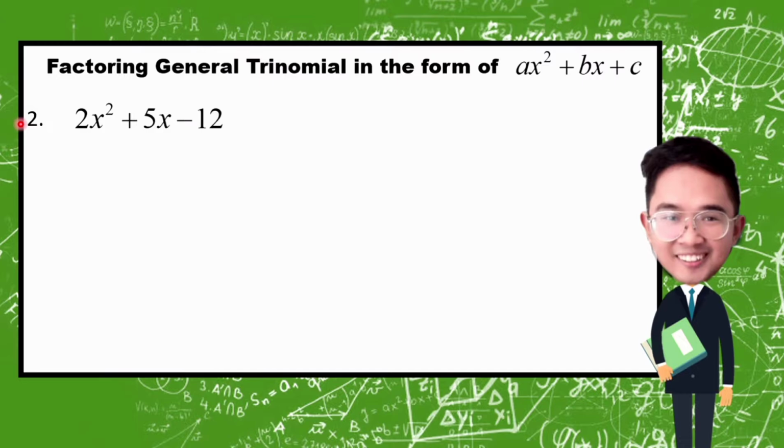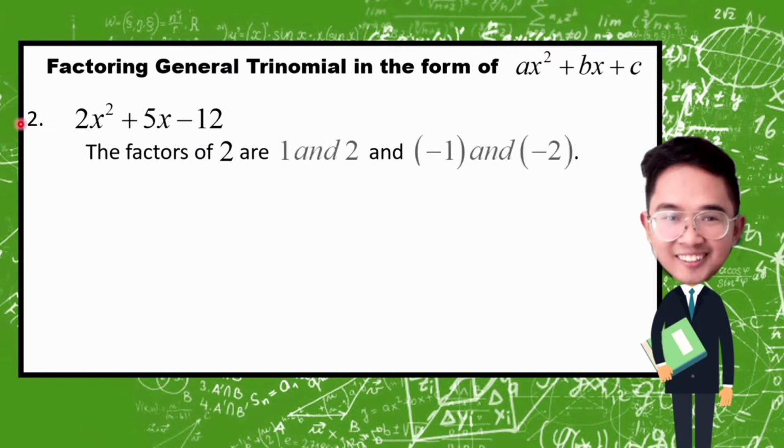2x squared plus 5x minus 12. So first thing that we need to do is find the factors of the first term, which is 2x squared. So what are the factors of 2? The factors are 1 and 2 and negative 1 and negative 2.